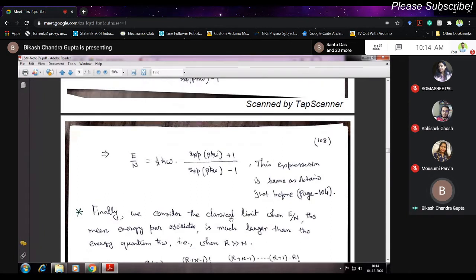So finally, let us consider the classical limit, when E by n, the mean energy per oscillator, is much larger than the energy quantum h cut omega. That means, what does that mean?